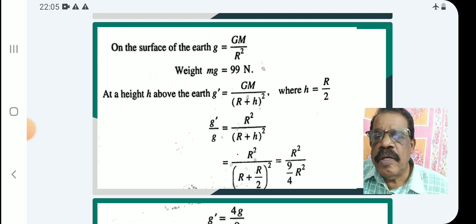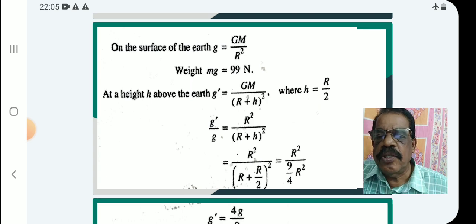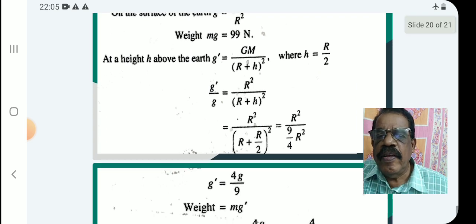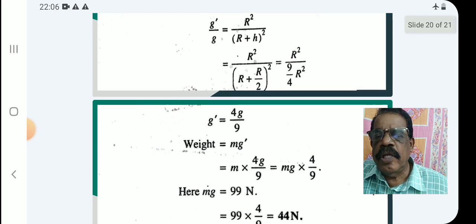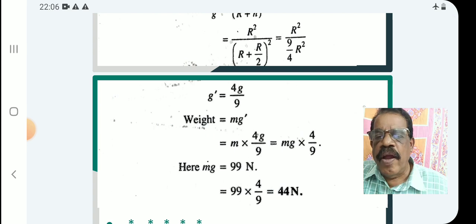So g dash by g is R square by R plus h the whole square. We substitute h is R by 2: R square by R plus R by 2 the whole square, that is R square by 9 by 4 R square. So g dash is 4g by 9. Weight mg dash is m into 4g by 9, mg into 4 by 9, and mg is 99 Newton given.